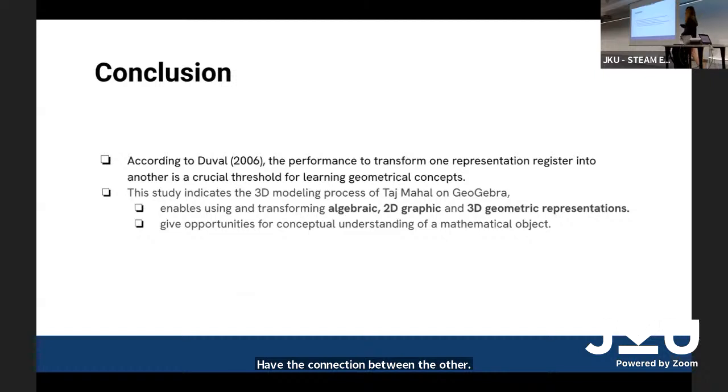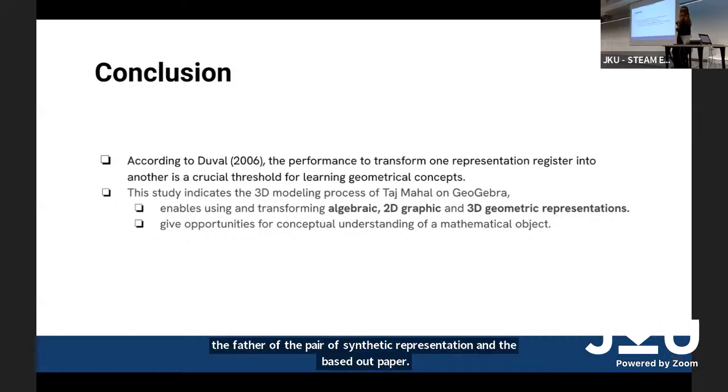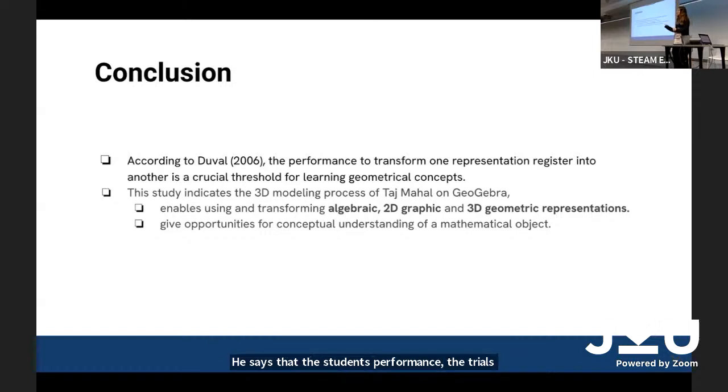Okay. According to Duval, the father of the theory of semiotic representation, on which we base our paper, the students' performance in transforming one representation into another is highly crucial for the field of mathematics education.